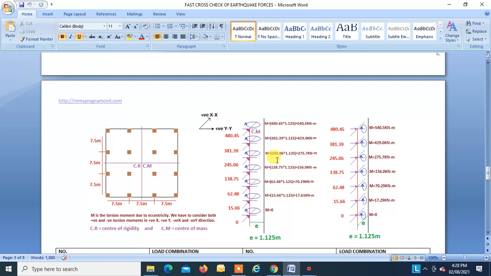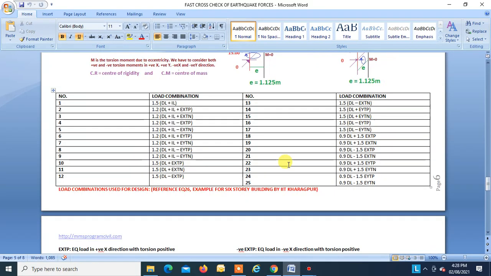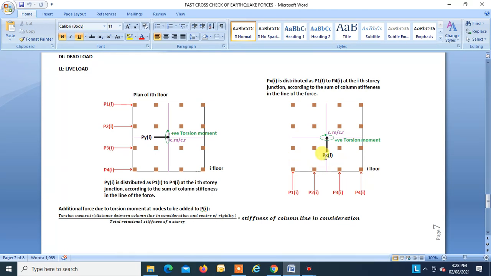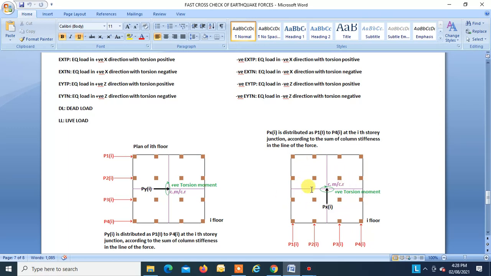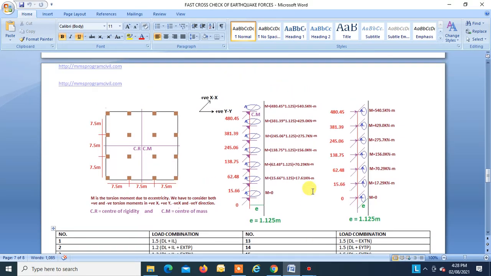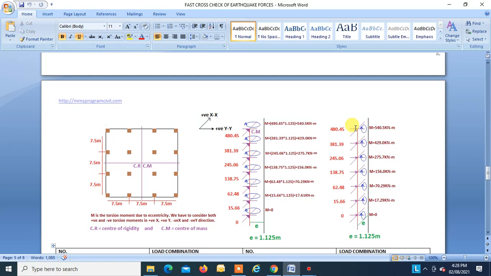540.5. So let me explain. This is along xx direction, right? So this is forces along xx direction. This is 480.45 with a torsion of 540, right? So this is the terrace level. Now similarly, this force will again give another torsion moment when we are considering this alternate.